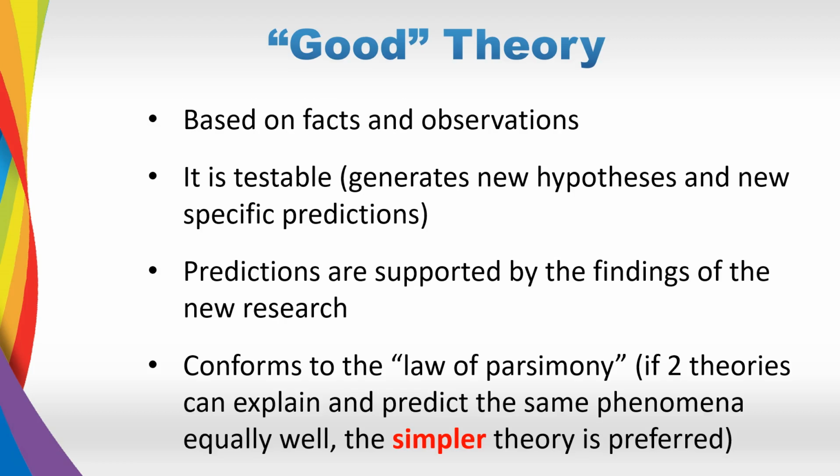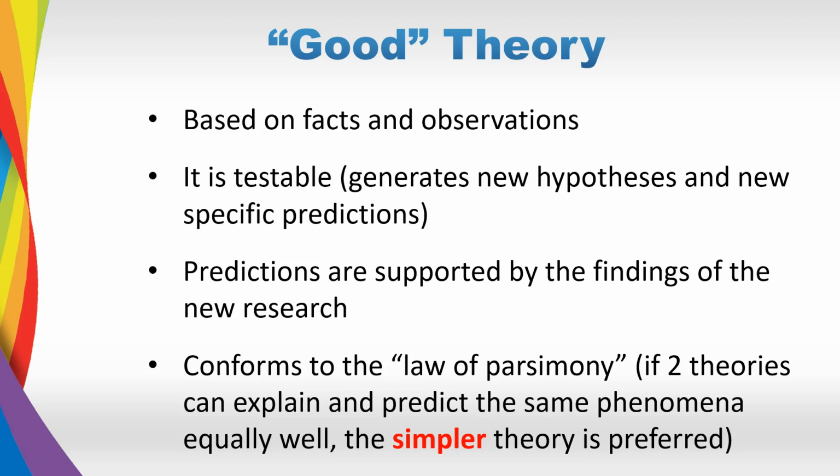All right, so as far as what makes a good theory, well, it has to be based on facts and observations, right? It has to be testable. So if you have a hypothesis, it needs to be something where it's realistic for us to be able to test it and get good, usable data, right?